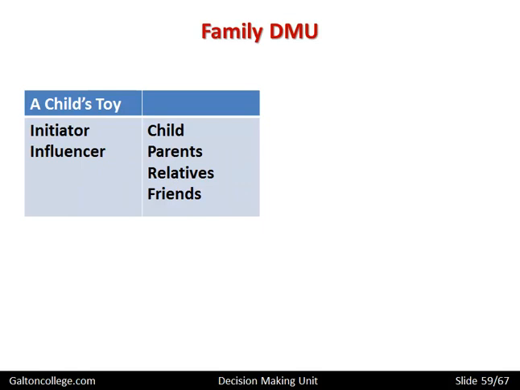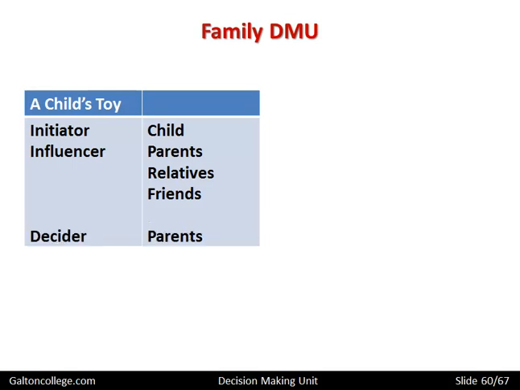The influencer, the parents, the relatives and the friends, they can influence the child to want the particular toy or not to want it, or the style of toy that the child wants, or the design or the type of toy that the child wants.